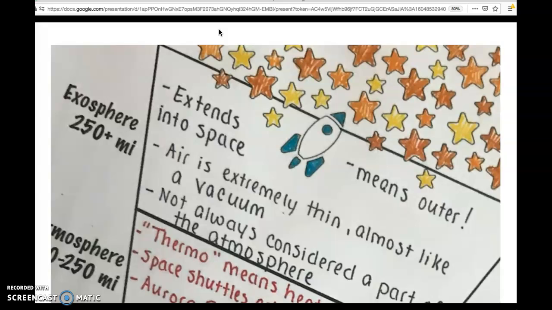It means outer space pretty much. The air is extremely thin. It's almost like a vacuum. So it's really, really thin air, meaning there are not a lot of molecules. And it's not a distinct boundary between the exosphere and space. It's kind of blurred, or it fades into space.